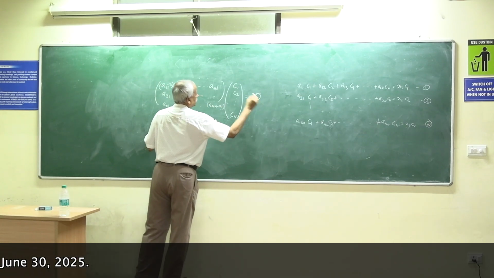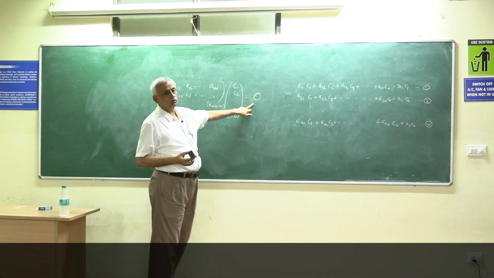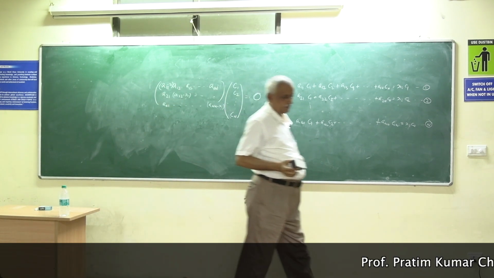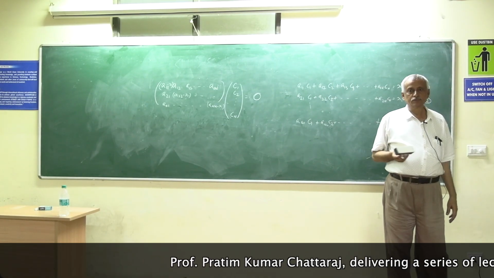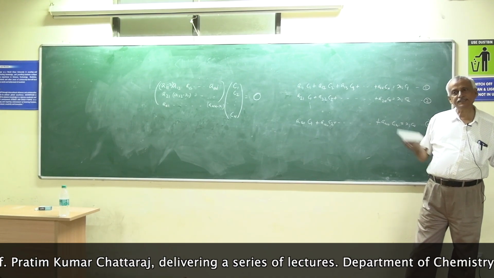So this would be, it's not 0 because it's a matrix, it would be a null matrix. All elements are 0. So this is the situation.